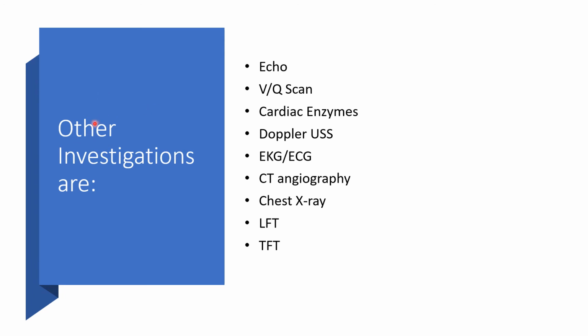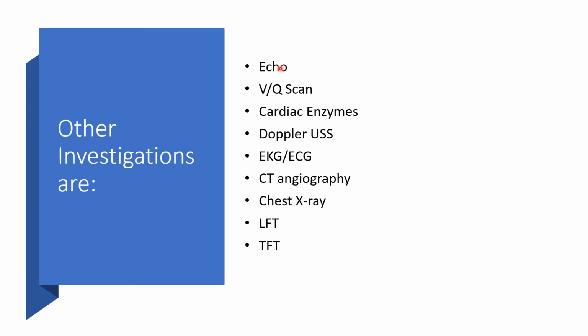Other investigations that you can do to lead you to a specific diagnosis are variable, in the sense that it depends on what the clinical presentation or presentations is or are. If there is nothing leading to suspicion of pulmonary embolism, you may not bother about ventilation perfusion scan.